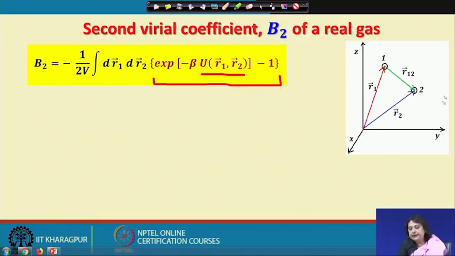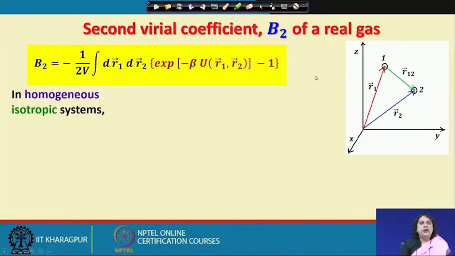Now, if I look back at this kind of picture, I find that for r2 and r1 defined like this, there is another vector which is defined here, which connects the centers of the two particles 1 and 2. In general, when we are dealing with simple homogeneous isotropic systems, it does not matter in which part of the system I am measuring the interaction potential between these two particles.